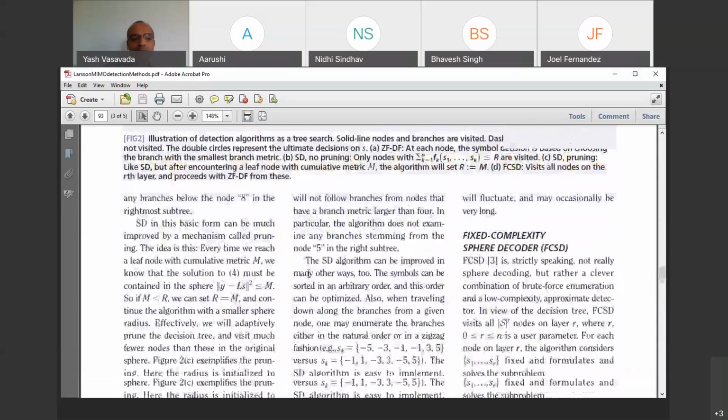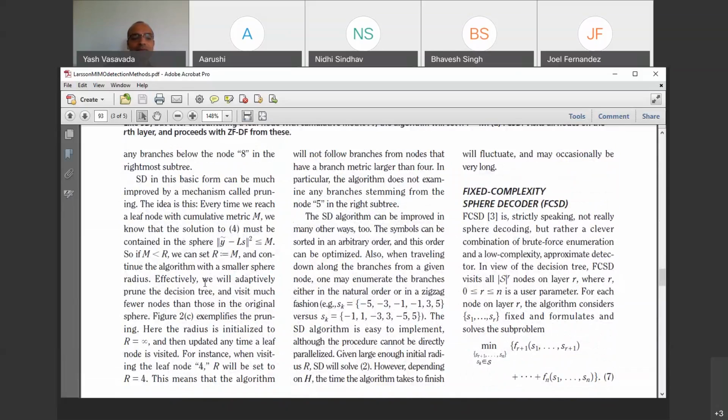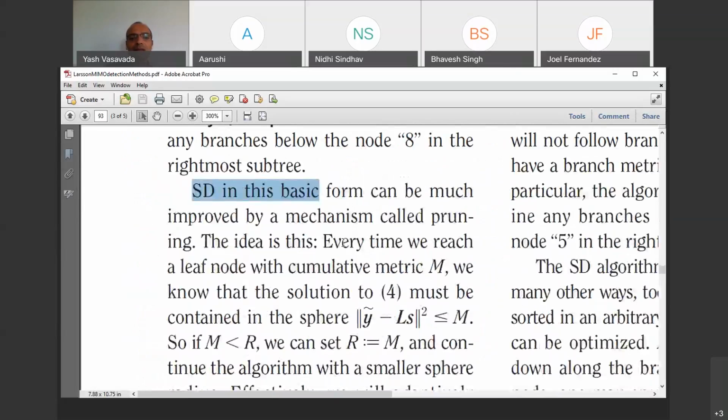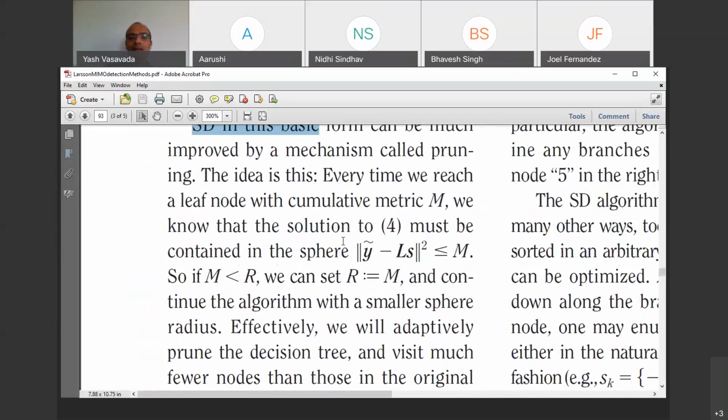So let us read the description of the pruning mechanism. Sphere decoding with pruning is that every time we reach a leaf node with metric m, we know that the solution must be contained in the sphere ||y tilde minus Ls|| less than or equal to m.